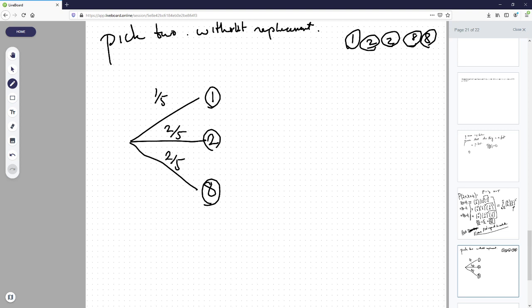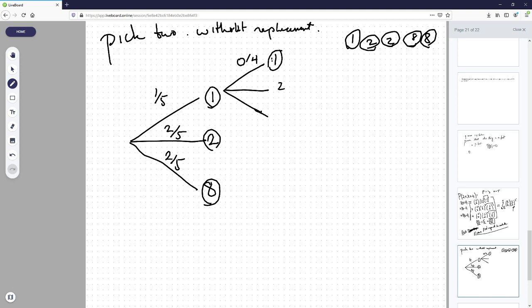Okay. So now let's do everything again. What's the probability of picking a 1 given that I've already picked a 1? So if we want to get a 1 and then a 1, as it turns out, that's 0. Because we've already picked the 1, and so there's none left. Yeah, exactly. So you could call that 0 out of 4 if you like.